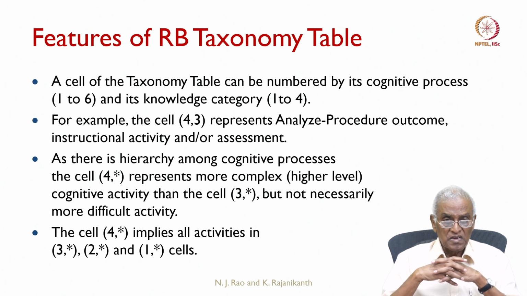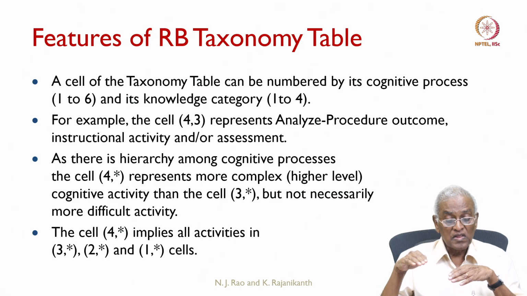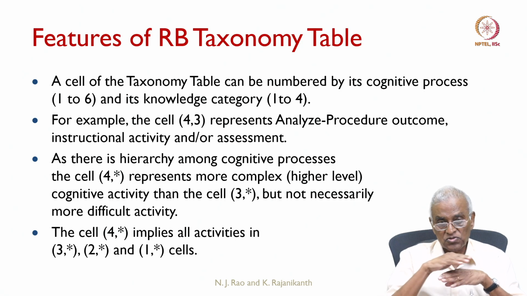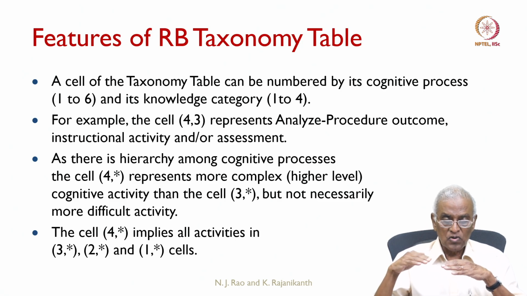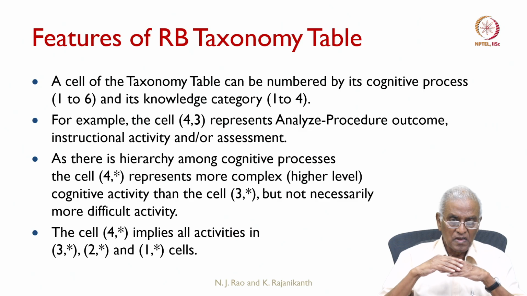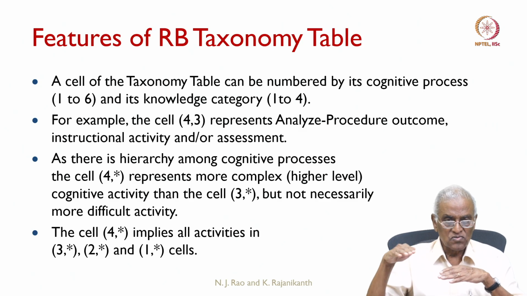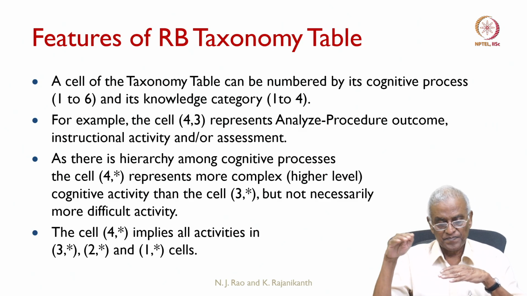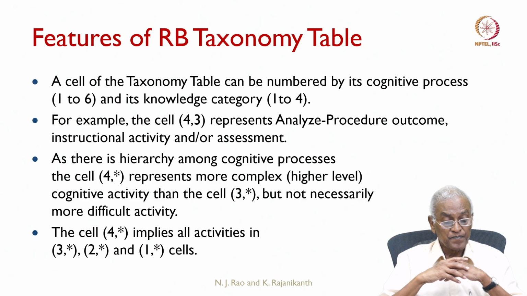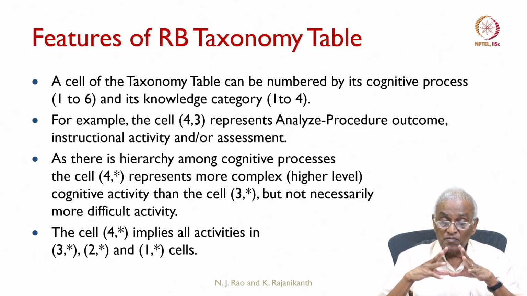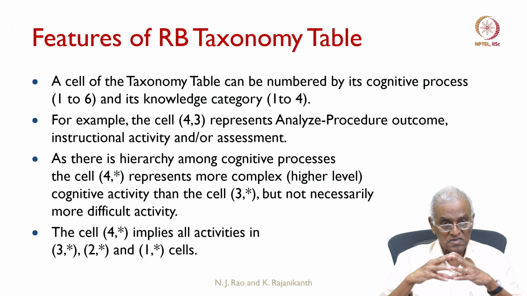And also we accept there is a hierarchy. That is, 4 comma star: all the activities in the 4th row are more complex than the activities in the 3rd row, 2nd row and 1st row. But not necessarily more difficult. Please remember that complexity is not the same as difficulty, as we mentioned.